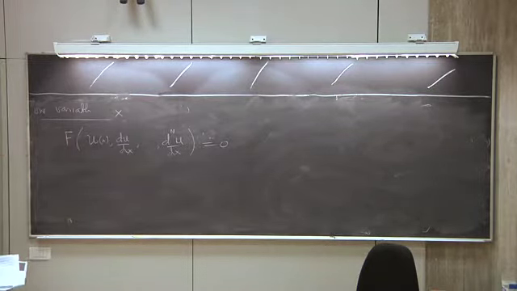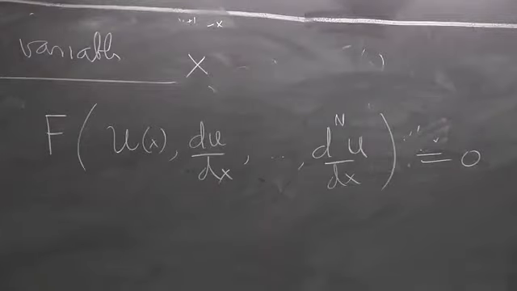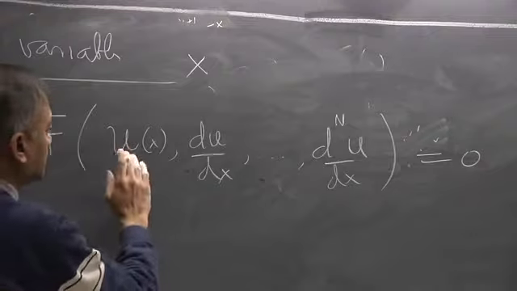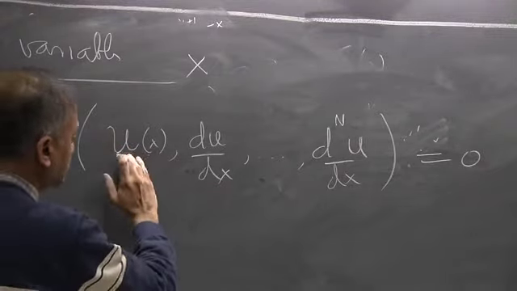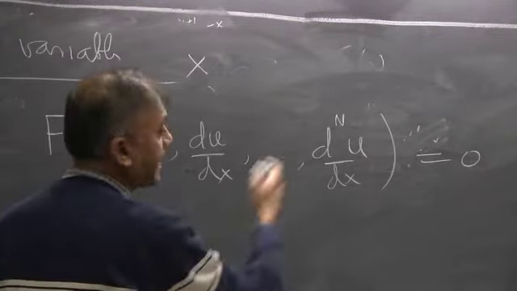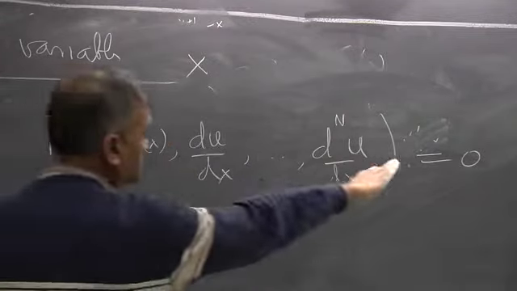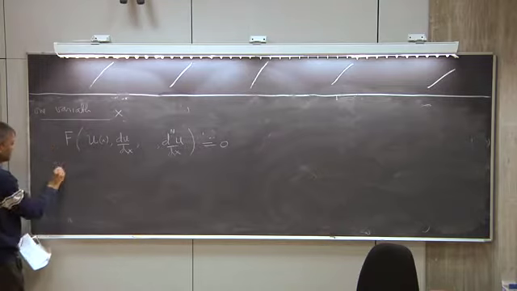In fact, it could be nonlinear. This is just a general statement. If I am given some algebraic equation which involves as variables u and its first n derivatives, and that is supposed to be equal to 0, then this is a differential equation.